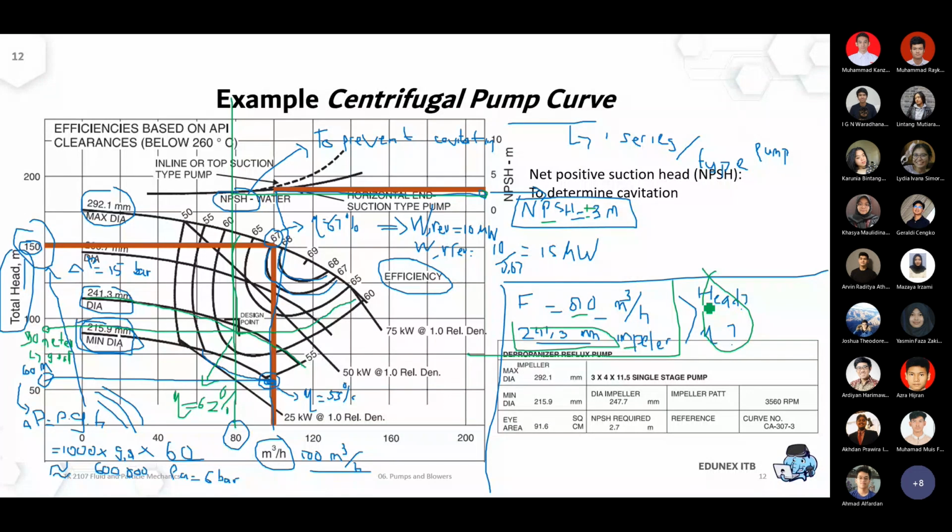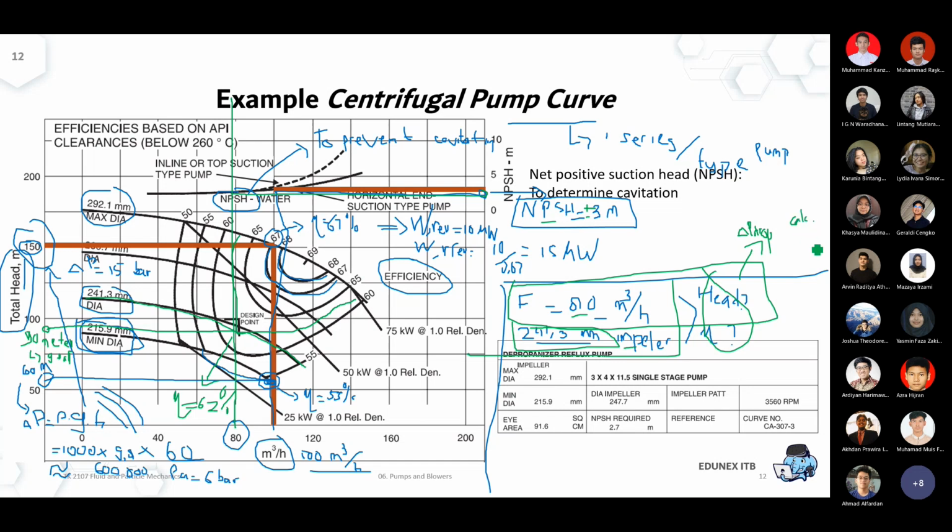Sometimes the calculation will be in the reverse direction. What you initially have is the capacity, your flow rate, and your head requirement based on the pressure drop calculation. A lot of the time it will be calculated that way.